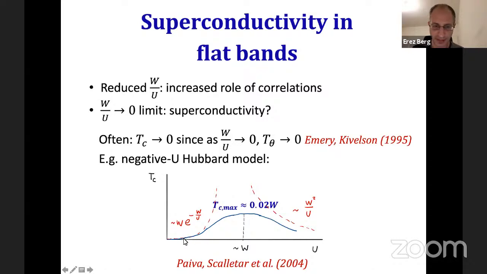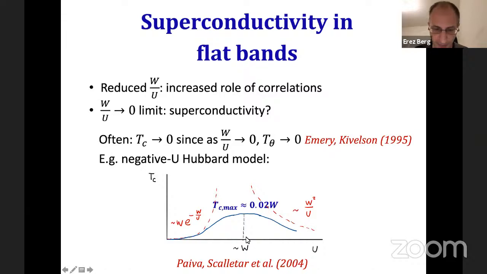If the interaction strength is very small, BCS theory works well, the pairing scale sets Tc, and Tc is exponentially suppressed at small U. But once the interaction exceeds some scale determined by the bandwidth, the pairing scale keeps going up as you increase the interaction, but the phase ordering scale, of order t squared over U, or W squared over U, starts going down.